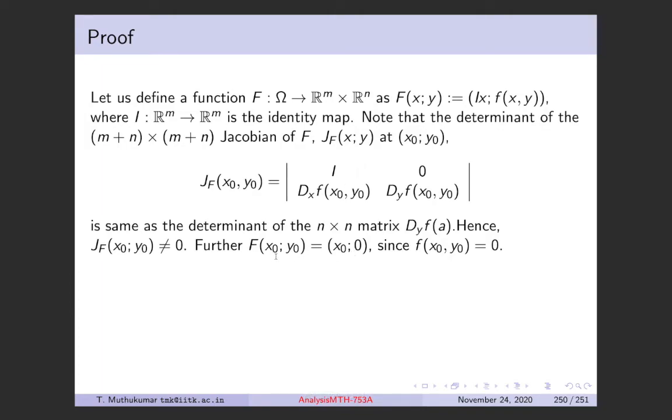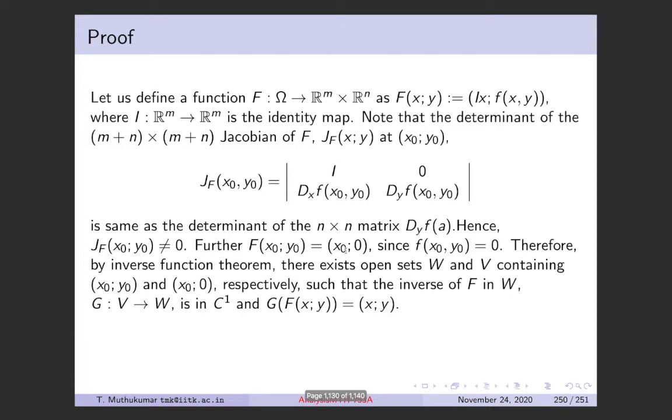So capital F of x naught comma y naught looks like the projection onto the first m components, right? But only for this point x naught comma y naught, not in general, right? So the value of F at x naught comma y naught is x naught comma 0.